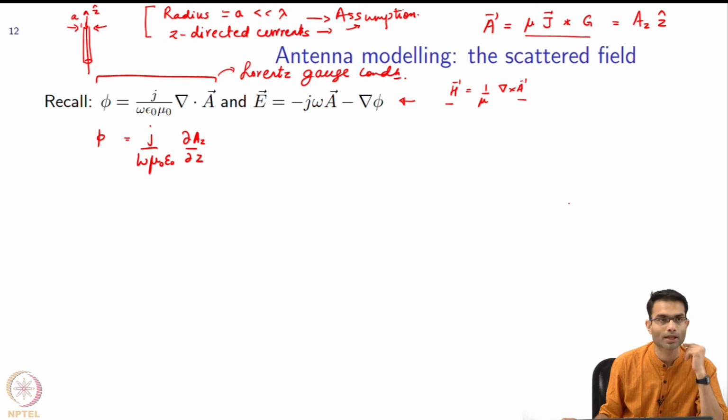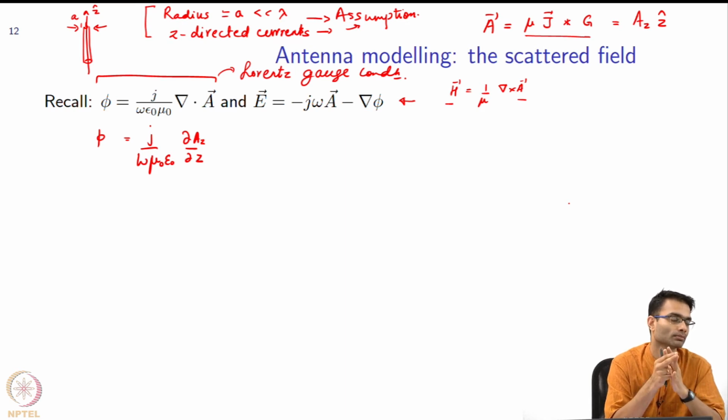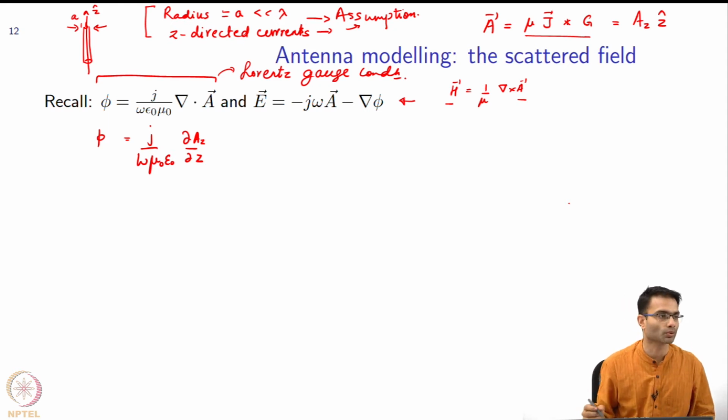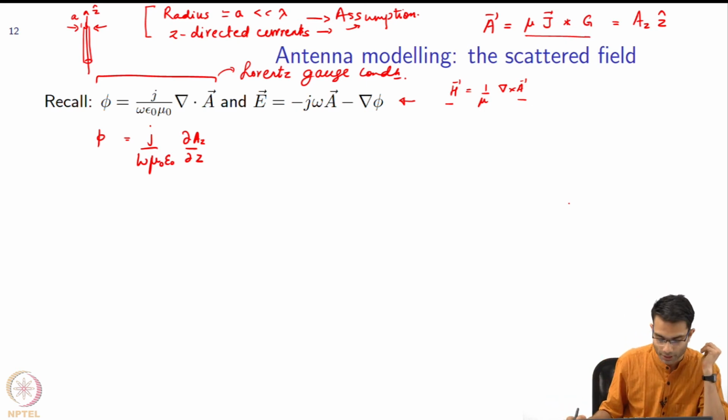How do you apply tangential conditions on H in an electric conductor? Yeah, so it's simpler to deal with a field which is itself going to 0. That's the simplest boundary condition, right?